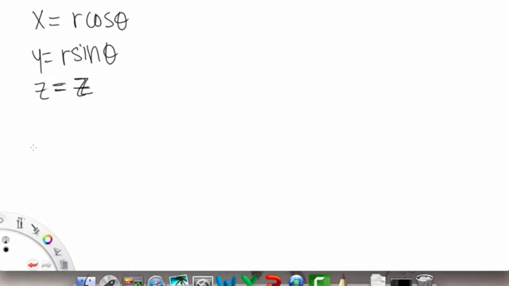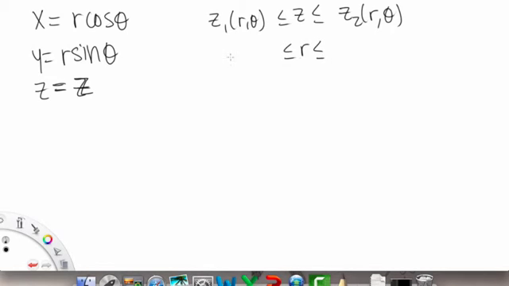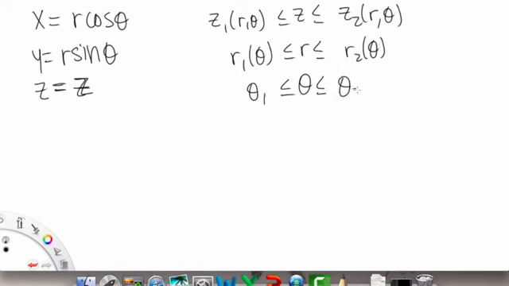Okay, so these are the three translations, and then with the bounds that we found in the last slide, I'll just rewrite them here real quick. So z goes from z1 of r theta up to z2 of r theta, and then r, same thing, r1 of theta to r2 of theta, and theta itself goes from theta 1 to theta 2.